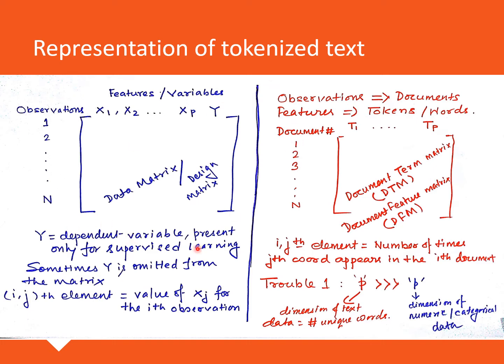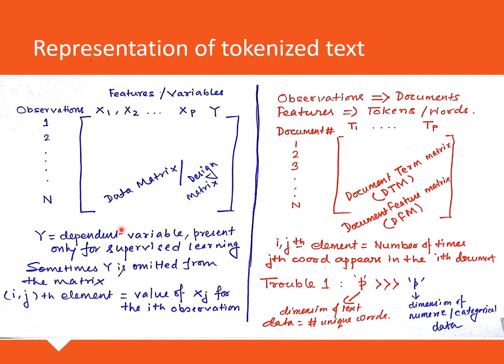If you are doing supervised learning, you might have a y variable, otherwise you will not have it. This two-dimensional array or matrix, whichever way you call it, is typically called the data matrix or the design matrix. The ijth element of this matrix is the value of the variable xj for the ith observation.